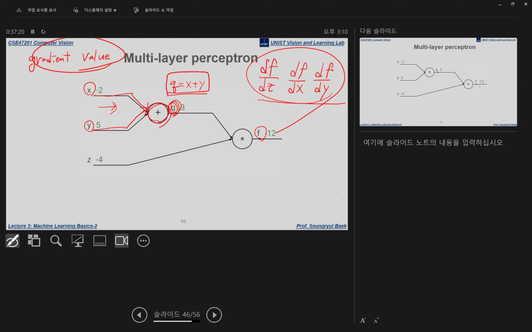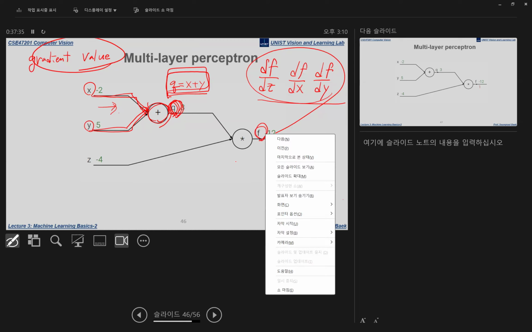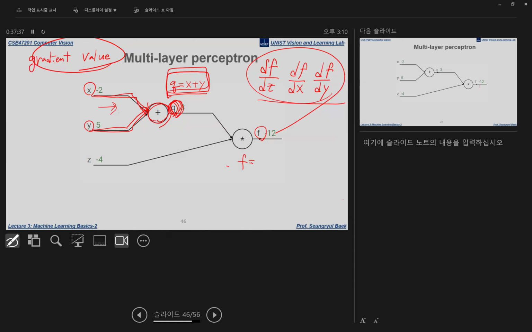This is the formula obtained for q. By adding these two variables, we get the intermediate node q. And f is obtained by multiplying q with z. Are you guys understanding this?